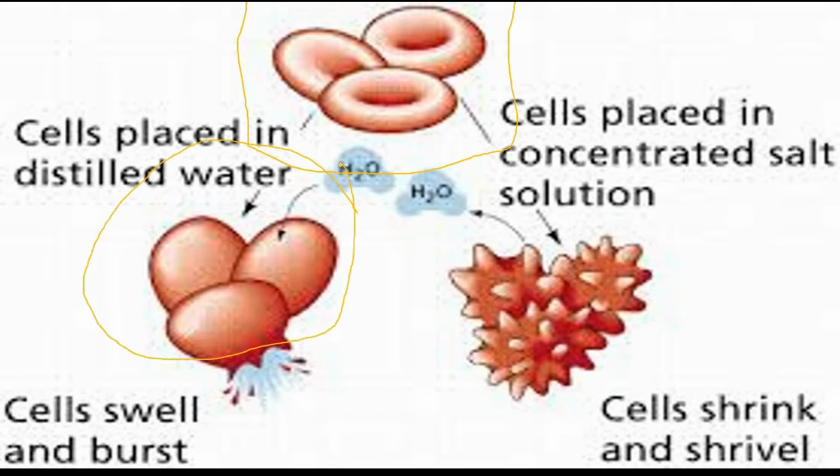Do you see how big it becomes? After it becomes so big, then it will swell and then it will burst. Why will it swell and burst? Because there is no cell wall around it. Get that, students? In this case, it's called hypotonic. Good. So that's an example of what happens with an animal cell.